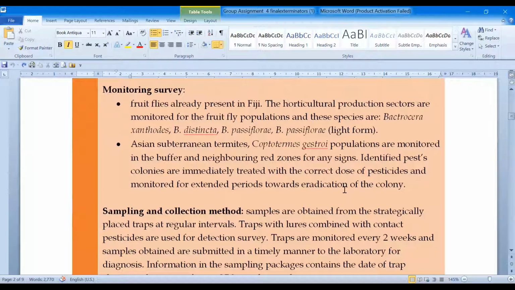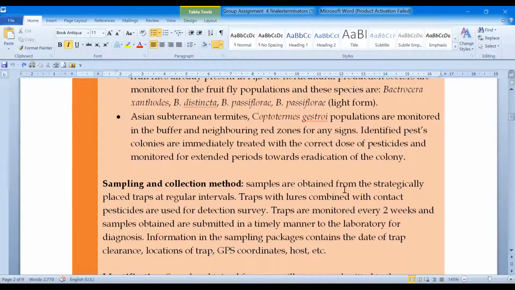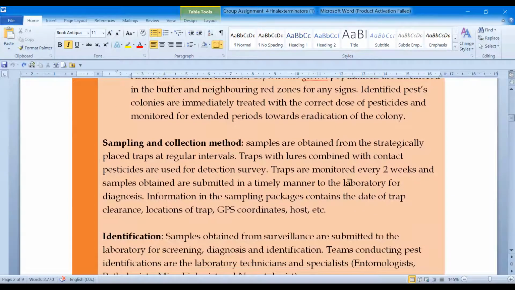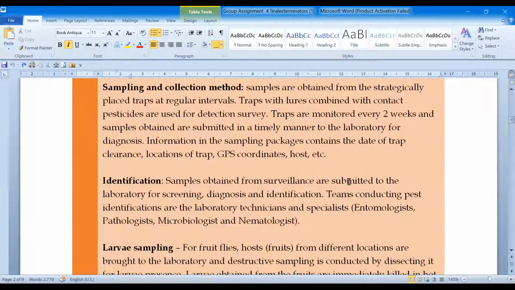And then we also have the Asian subterranean termites. The populations are monitored in the buffer and neighboring red zones for any signs. So identified pest colonies are immediately treated with the correct dose of pesticides and monitored for extended periods towards the eradication of the colony. So these are the pests that, based on previous experience, we know they are already there.